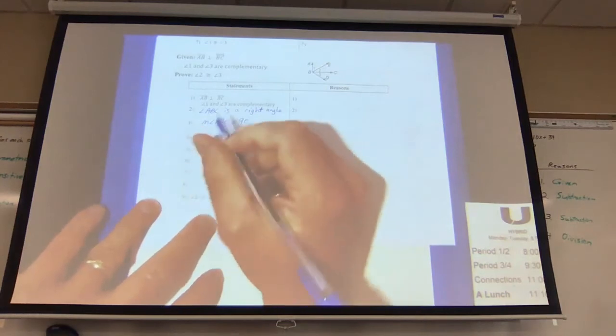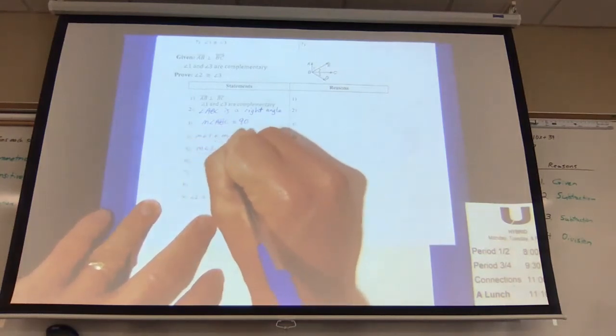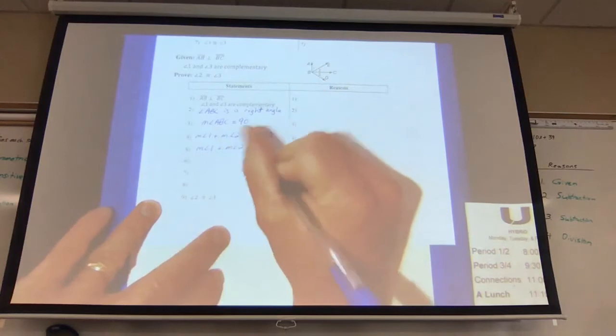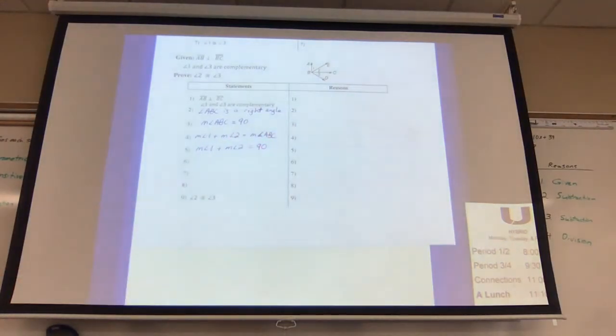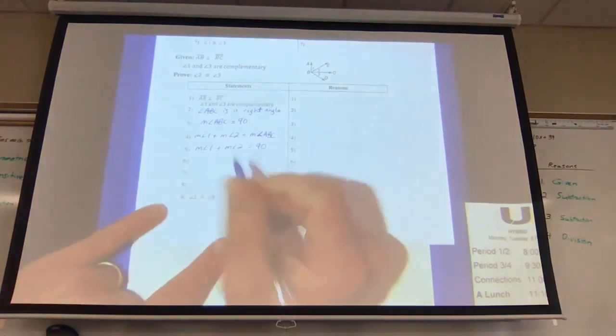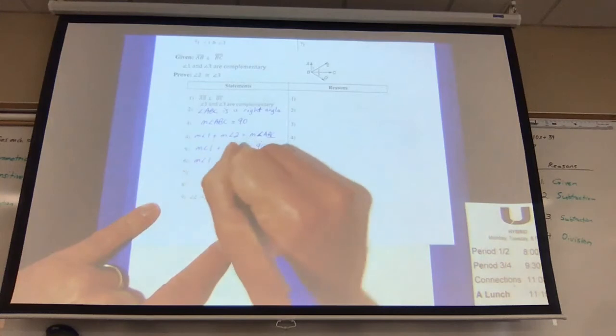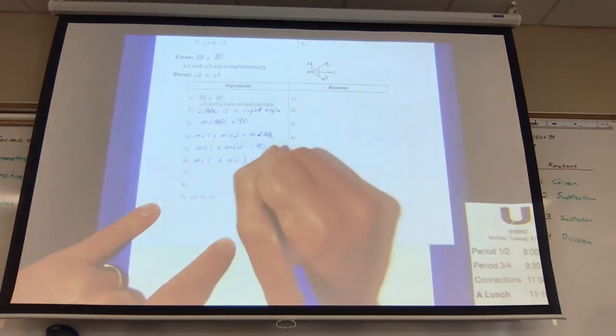Step 5 will be the measure of angle 1 plus the measure of angle 2 equals 90. Step 6, we have the measure of angle 1 plus the measure of angle 3 equals 90.